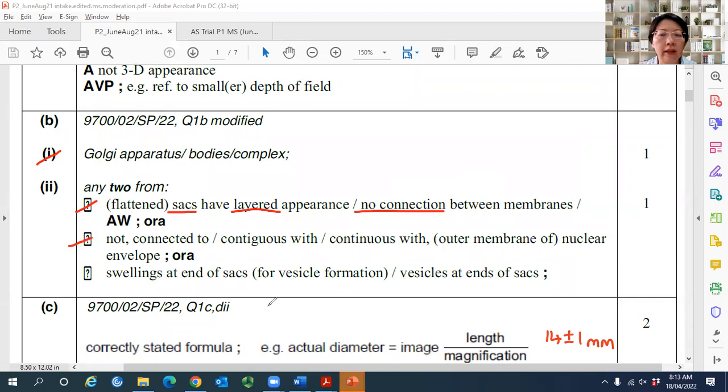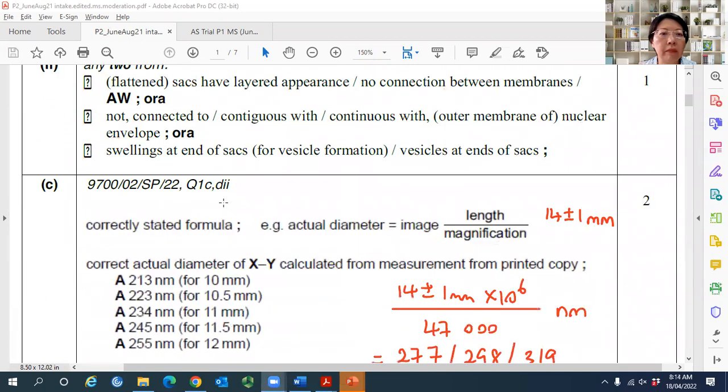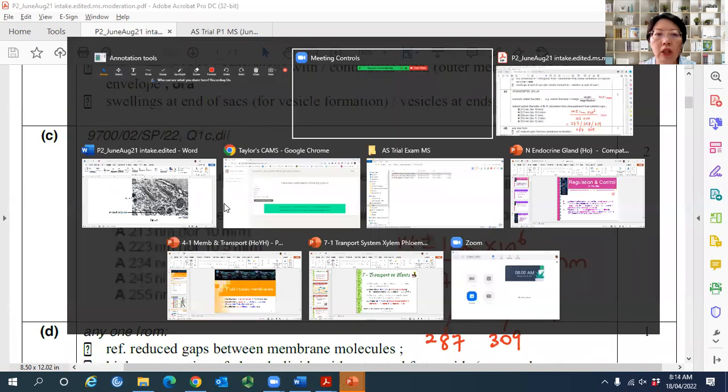Not connected to each other, not connected to the nucleus or nuclear membrane or nuclear envelope. There are swellings at the end of the sacs, or vesicles at the end of the sacs. Some students need to learn certain terms used to describe biological structures, like sacs, meaning membrane-bound bags. Those of you who have not learned, please learn the words to describe structures.